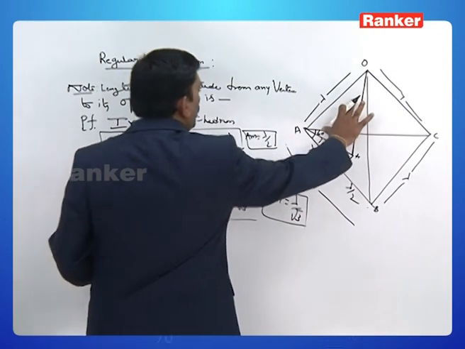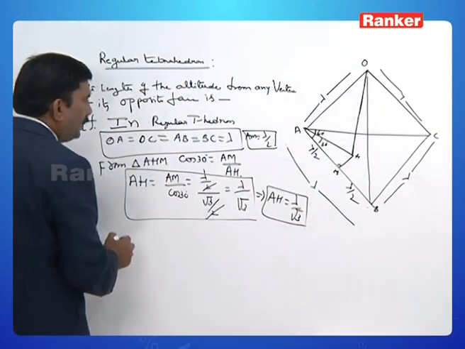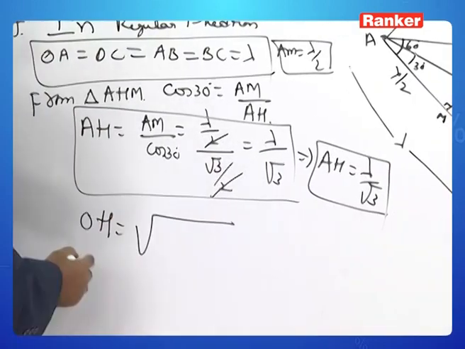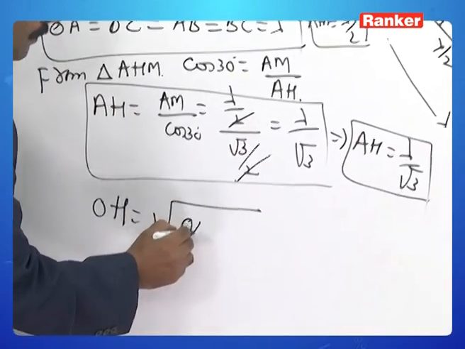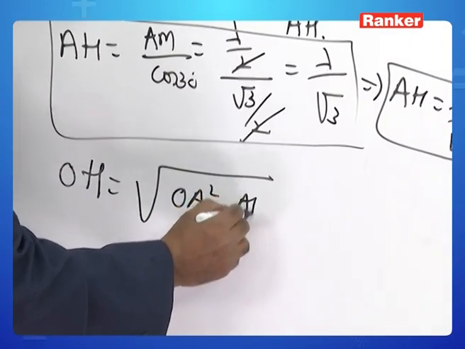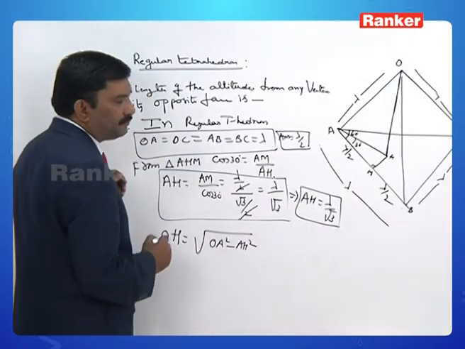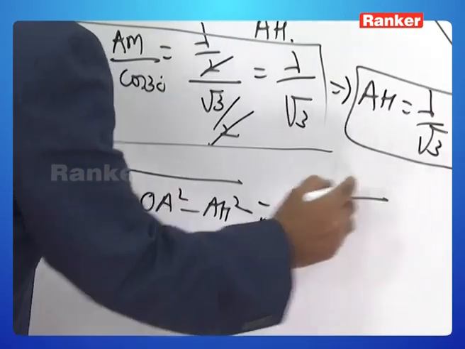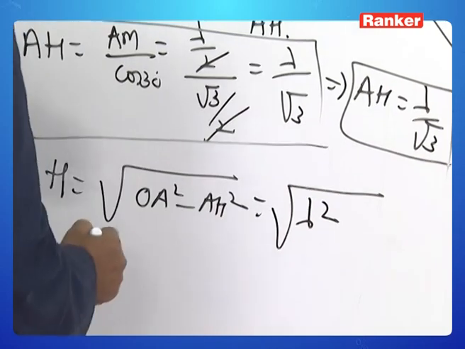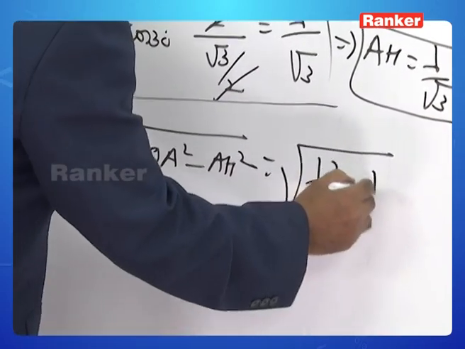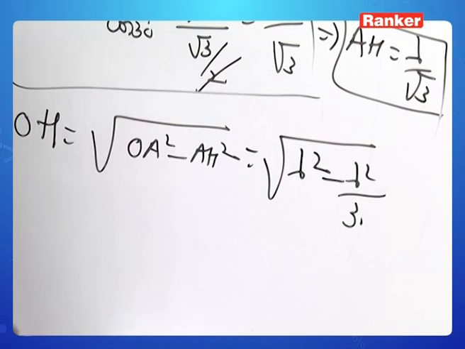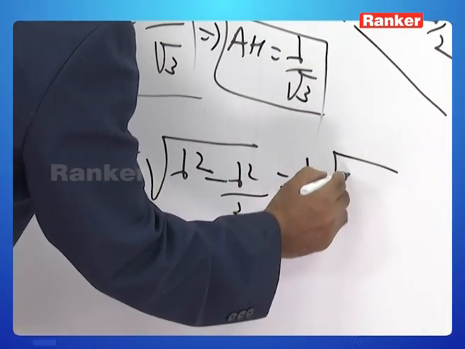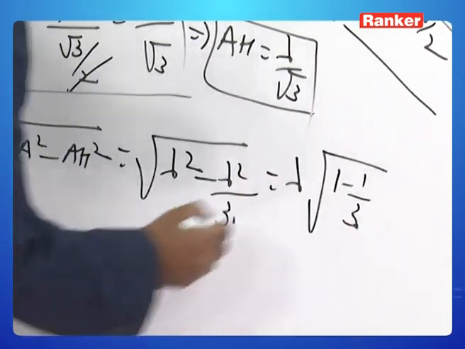Now from this triangle, OH is nothing but OA square minus AH square. OA square is lambda square minus lambda square by 3. Therefore, taking lambda outside, that is 1 minus 1 by 3.